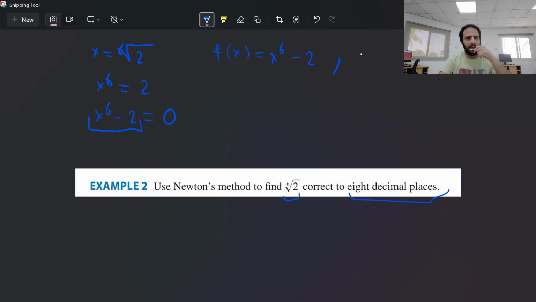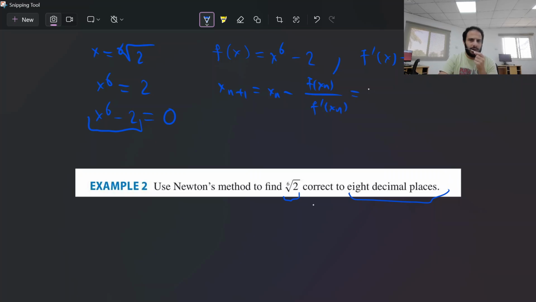Next, let's find the derivative. f prime of x equals what? 6x to the 5, right? Yes. Now, let's also write the formula. x(n+1) equals xn minus f of xn over f prime of xn.